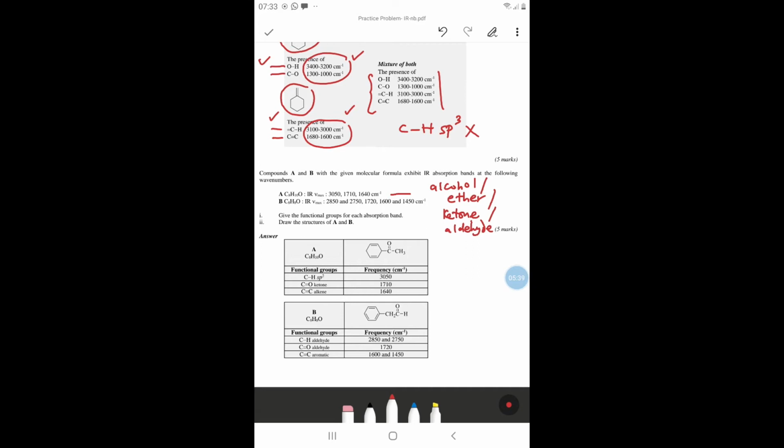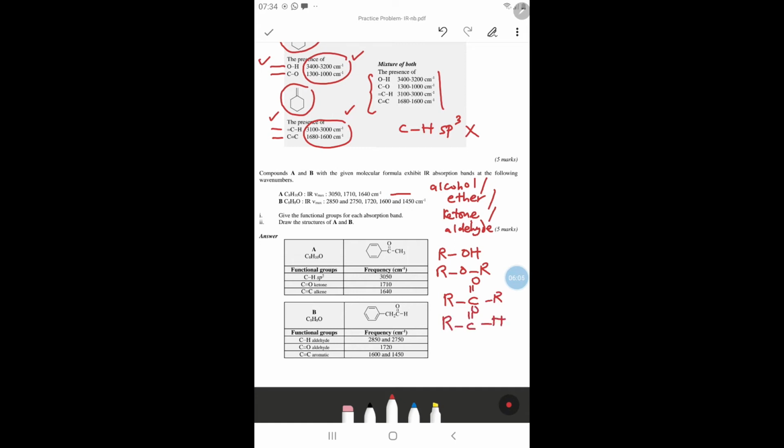So when you have alcohol, ether, ketone, aldehyde, you already know the general formula for each class of compound.